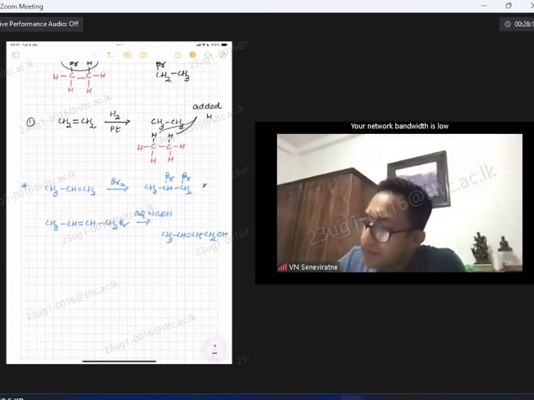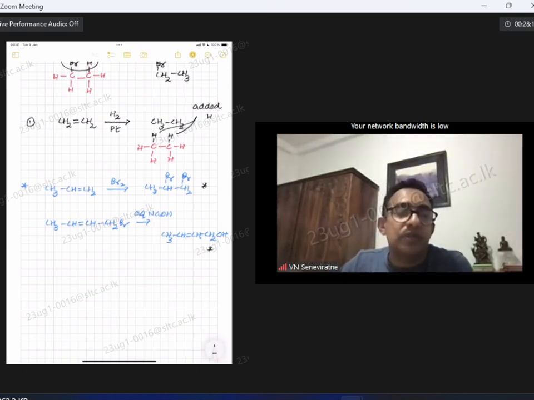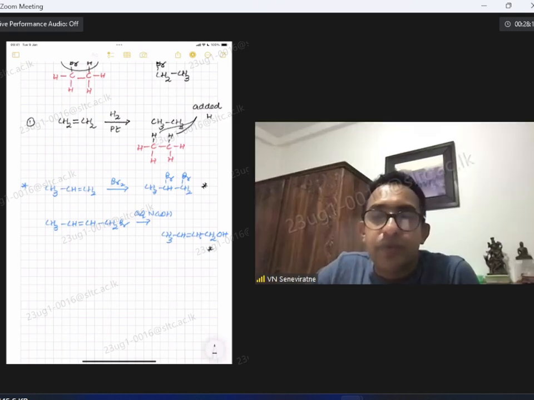First one, can you tell me whether it's addition or a substitution? Second one, is it addition or a substitution? First one, what do you think? I'll give you a few minutes to think about it and give me an answer.